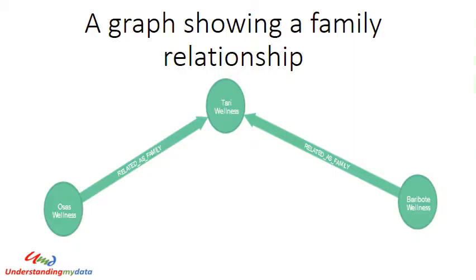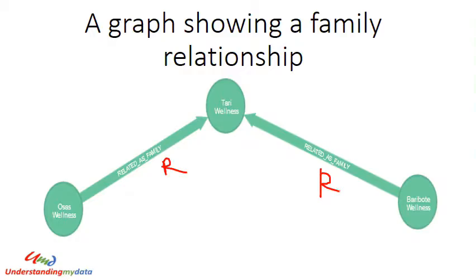This is a graph showing the relationship between family members. Osas Wellness is related as family. Baripoti Wellness is related as family to Tari Wellness. You can see here we have three nodes and two relationships. This is a relationship.